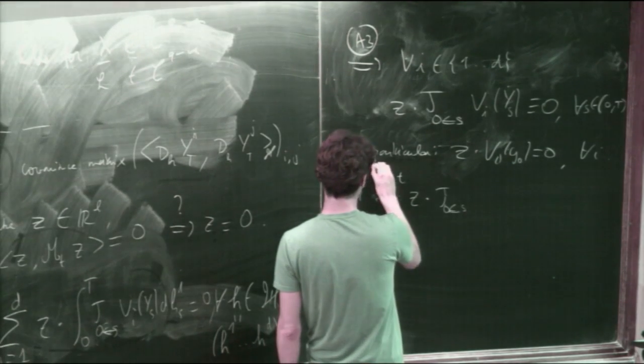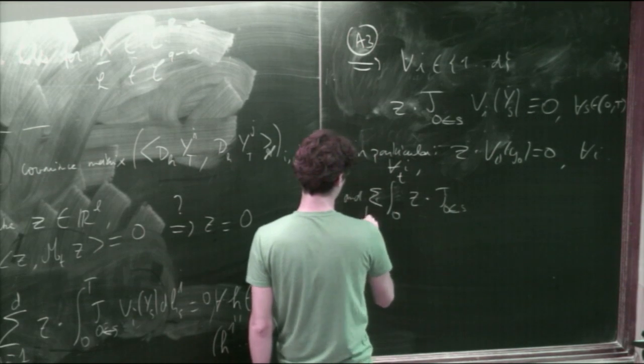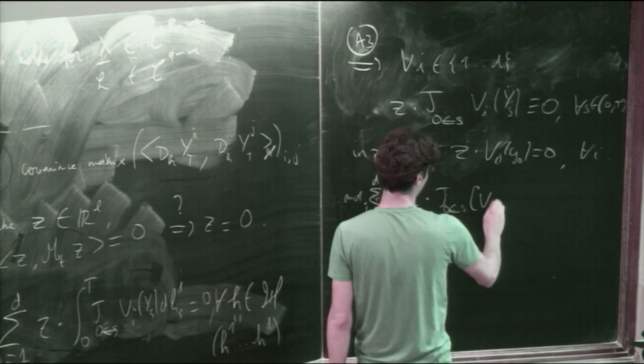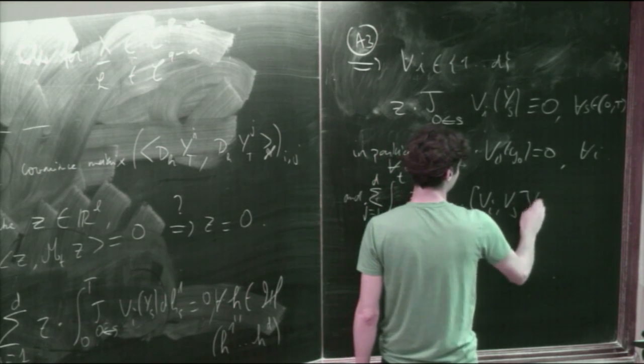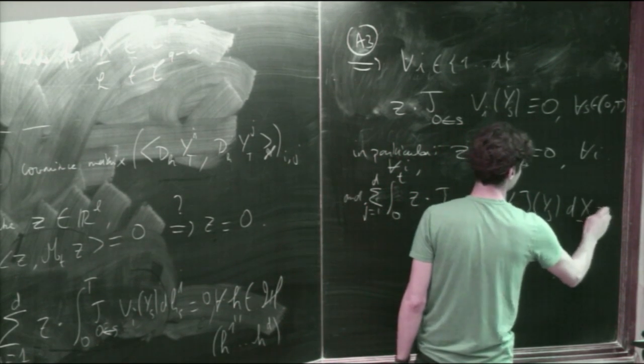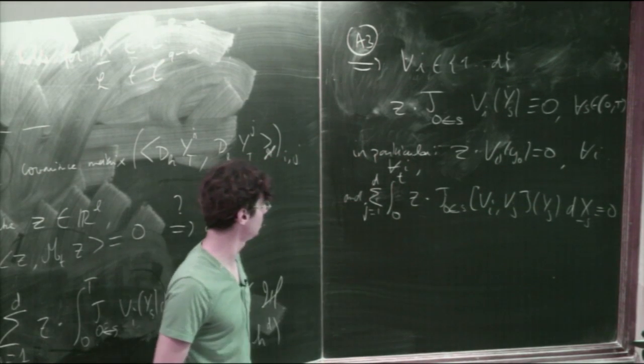So again, for all i, if you look at the sum over j of [V_i, V_j] at Y_S dx_S is equal to 0, so equal to 0 for all t.